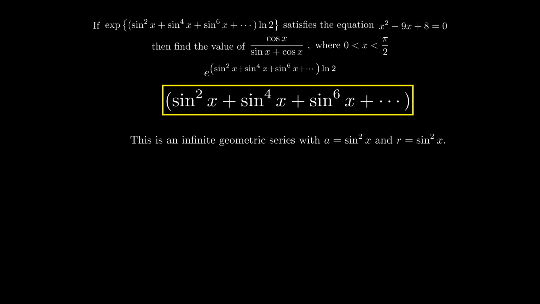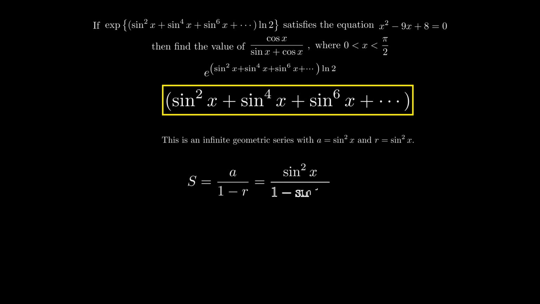So we know the formula for the sum of an infinite geometric series, which is the sum equal to a over 1 minus r, where a is the first term and r is the common ratio, as I said before. So plugging in sine squared x for both a and r, the sum of the series becomes tan squared x. So that's the value of our infinite series.